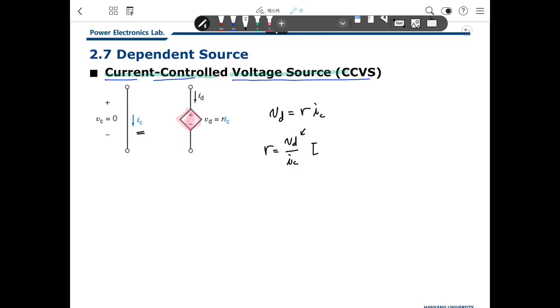The dimension of voltage is V and the dimension of current is amps. So the dimension of R is ohm. So we say this is the gain of the current controlled voltage source, and the unit of that is V divided by A.